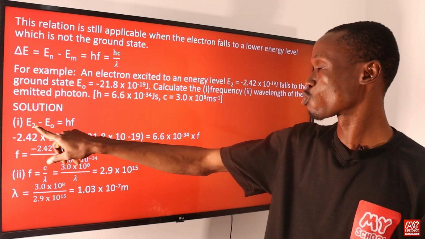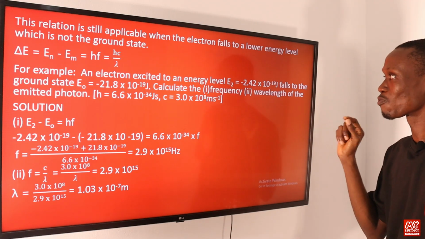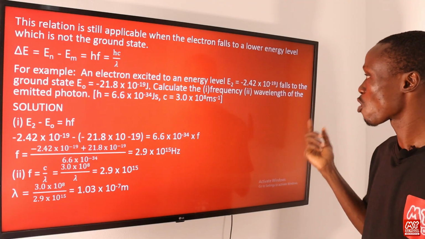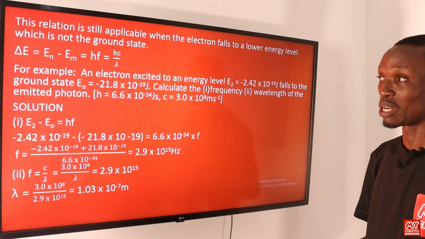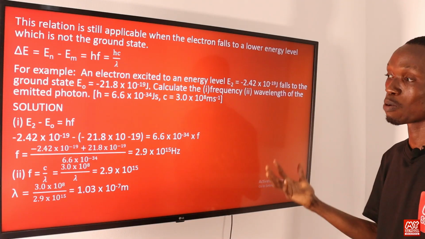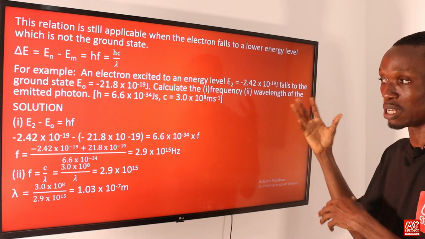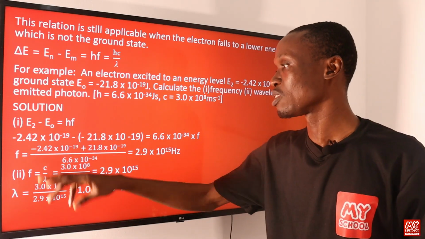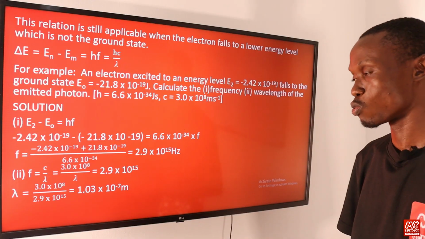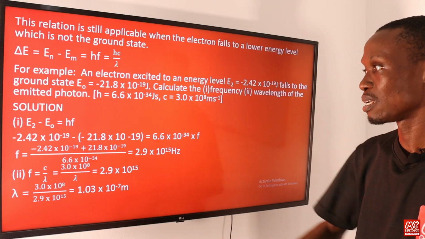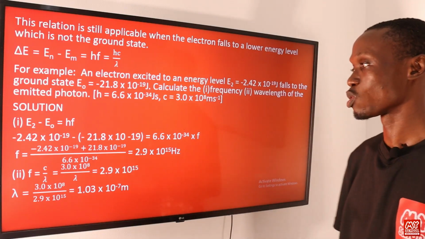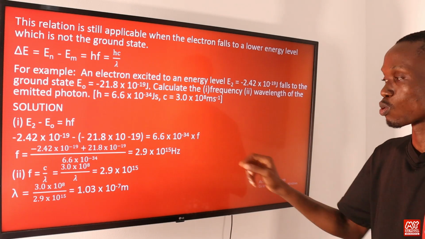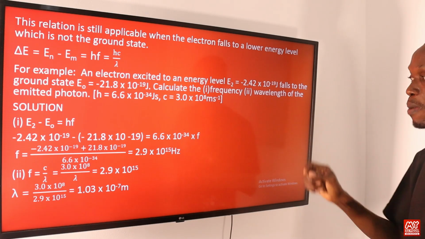Now remember that E2 equals minus 2.42 times 10 raised to power minus 19, then E0 equals minus 21.8 times 10 raised to power minus 19. So in place of E2 and E0, we replace them with those figures. If we substitute into this formula, we have minus 2.42 times 10 raised to power minus 19 minus minus 21.8 times 10 raised to power minus 19, and this will be divided by 6.6 times 10 raised to power minus 34.